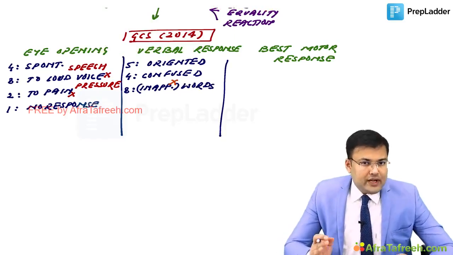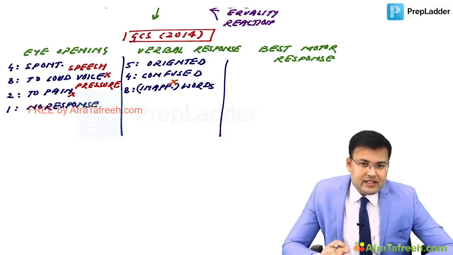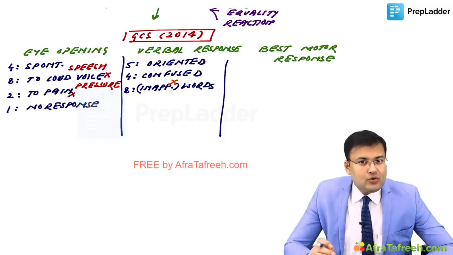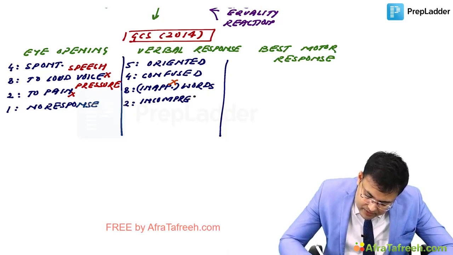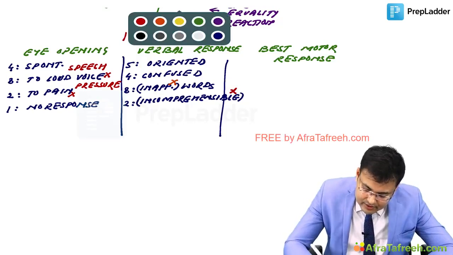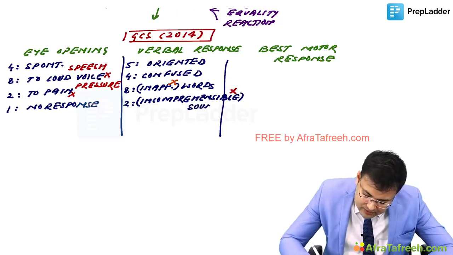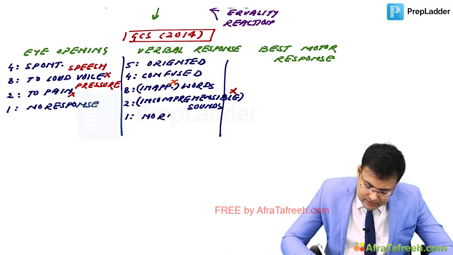If the score is 2, incomprehensible sound was mentioned according to the previous GCS, but according to the 2014 GCS, only sounds. Clear? And if the score is 1, there is no response.